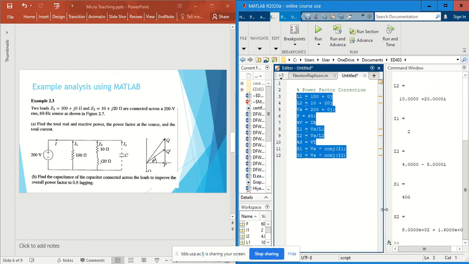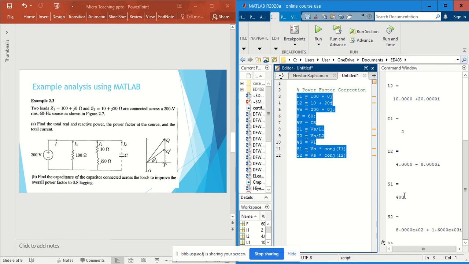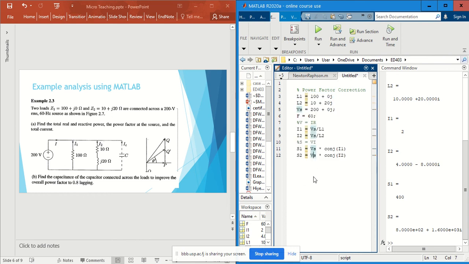Okay, now let's see what is the apparent power consumed by line 1 and line 2. So you can see here S1 is 400 and S2 is about 1200 plus 1600j megawatt. Now let's move on. The question asks us what is the total apparent power and current. So the total apparent power will be just S equals S1 plus S2.